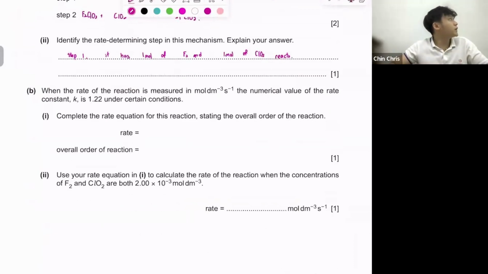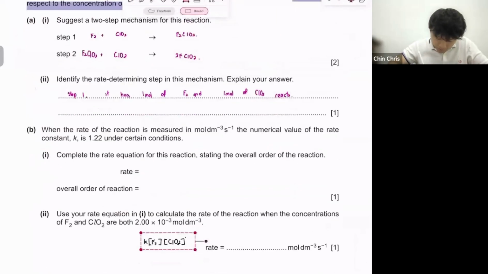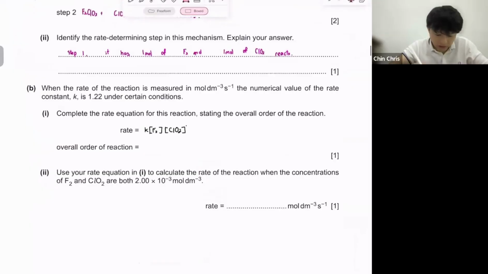Alright, guys, complete the rate equation. I already have the answer here. Rate = k[F2][ClO2], am I right? Guys, what's the overall order? So overall order is 2, right? Well done. Okay, guys, next.